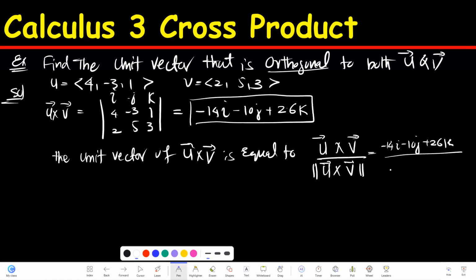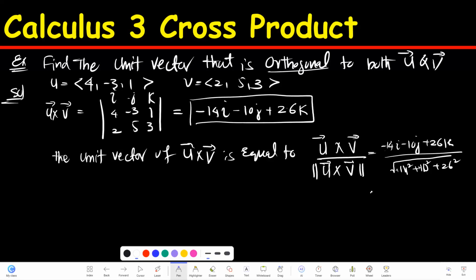divided by the square root of 14 squared plus 10 squared plus 26 squared. This minus becomes plus, and this minus 10 becomes plus, so I'm not writing that.